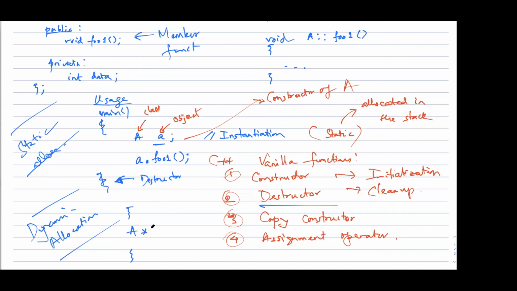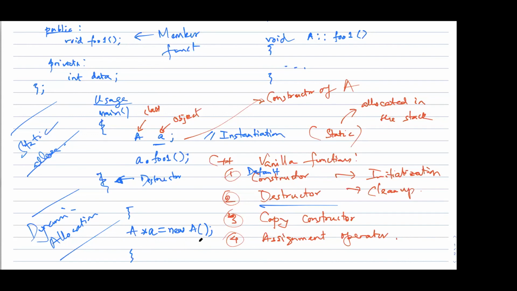So you will say A* a equal to new A, using the new operator. So the type is A, and you put open and close parentheses. So this calls what is called the default constructor. The constructor that is automatically there is called the default constructor. We'll understand what default means soon.